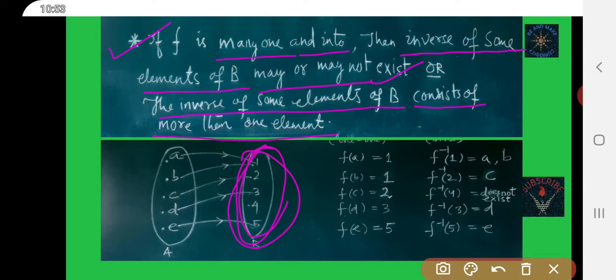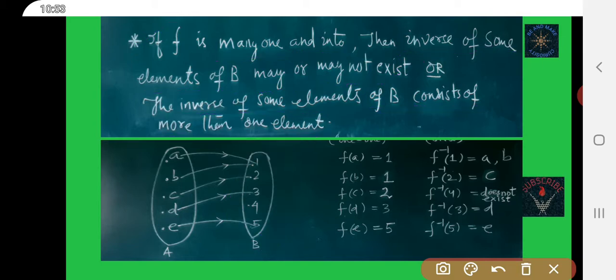If the function is many-one and into, see here the inverse of 1 is A and B. So F inverse of 1 is equal to A and B, that is inverse of 1 consists of more than one element. Okay.